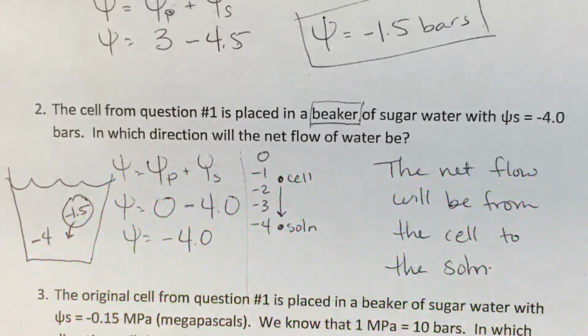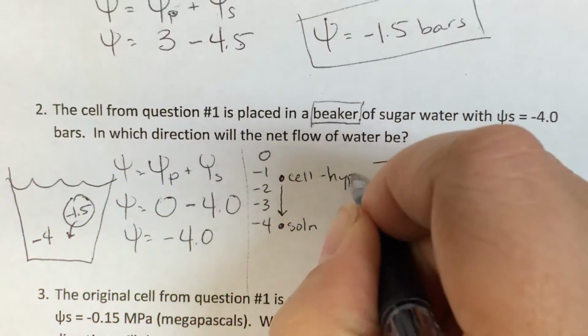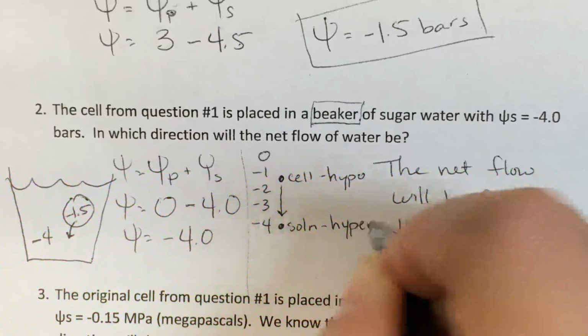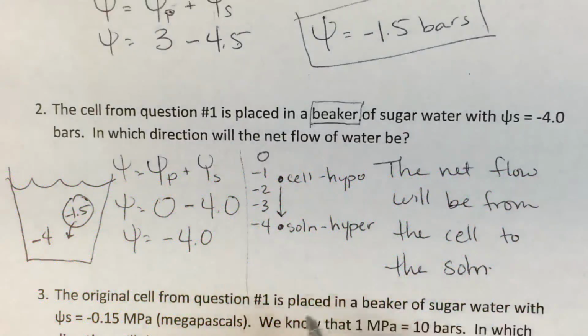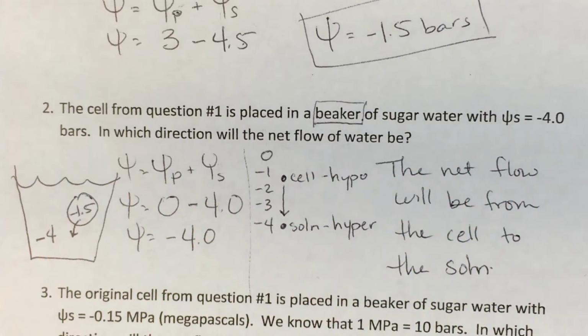If you want to think in terms of tonicity, we would put hypotonic up on the top, and the solution would be said to be hypertonic because the solution is taking water from the cell and making it shrink. So that's problem 2.